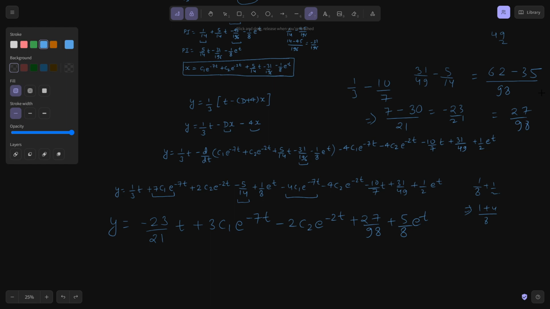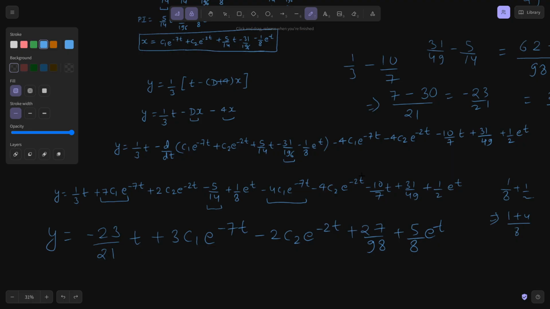Okay, here I have made one more mistake which I clarified now. While doing the calculation, this 1 by 3 which was there, I just divided by t, but I didn't divide the other terms. So for the time being, let's keep this 3 with y only.